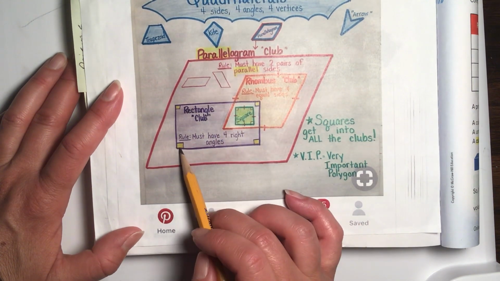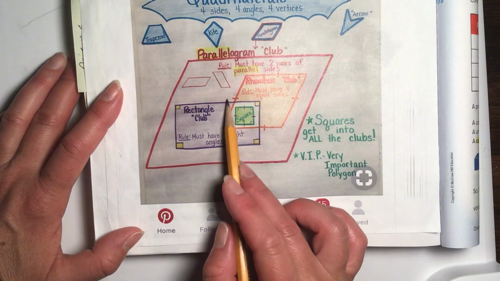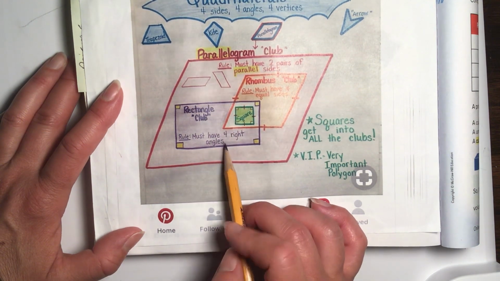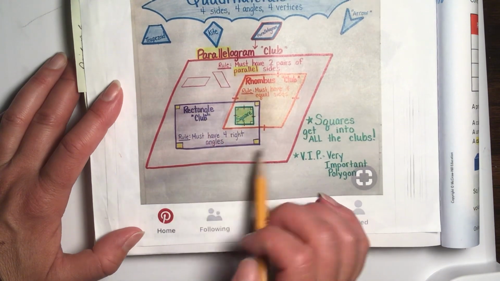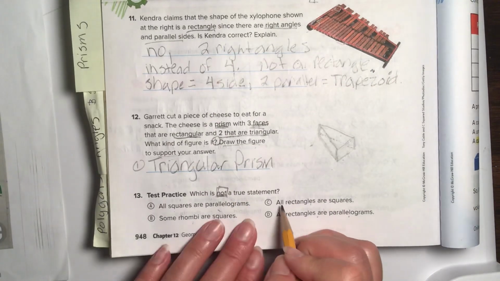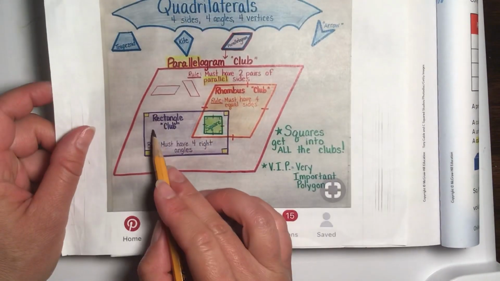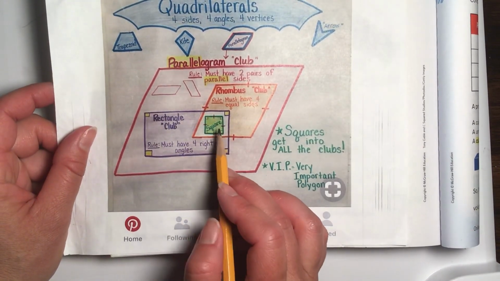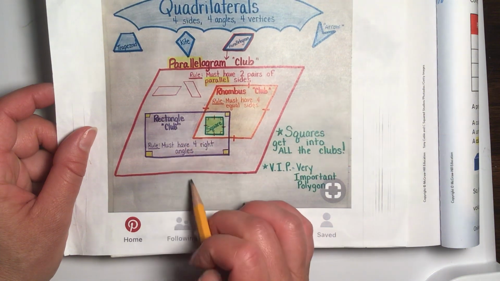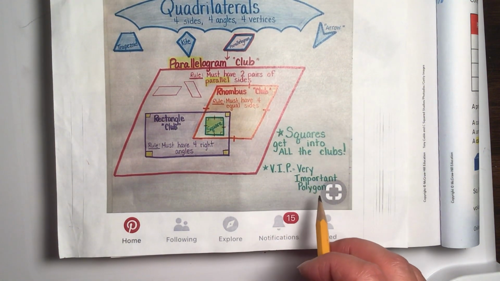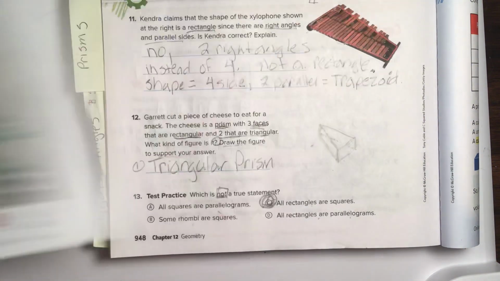A rectangle does have the right angles, but are the sides congruent? No, that side is parallel with this one, and this one is parallel with that one, but they are not all the same. So I'm going to say this one is not correct. Not all rectangles are squares, but squares can sometimes be called a rectangle, because squares are VIPs, they're very important polygons. They fit into all of the clubs.